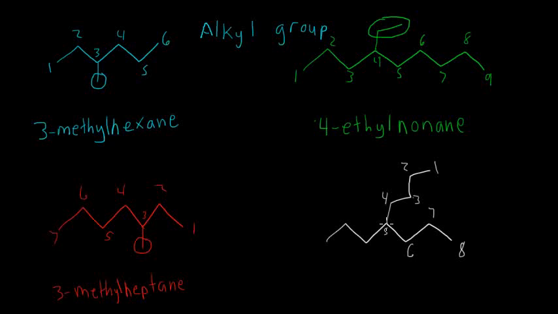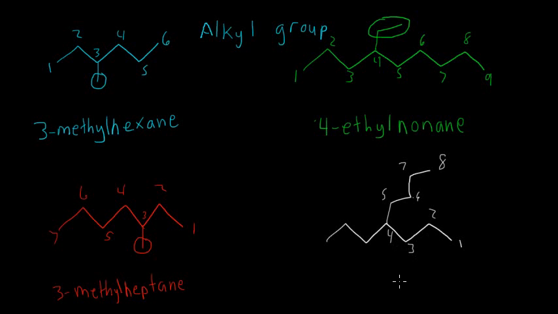I numbered it the wrong way, so you want to start numbering over here because this is the side nearest to the closest alkyl group. See, if I start over here, it'd be 1, 2, 3, 4, 5. You don't want this to be the 5th carbon. You want to keep the numbers as low as possible.